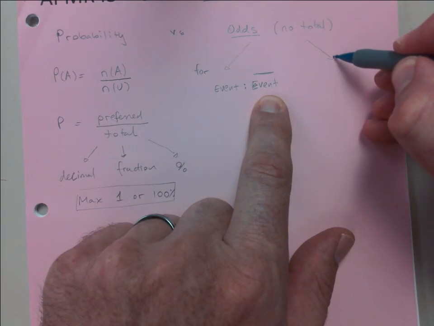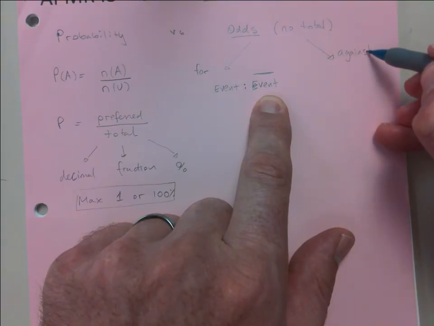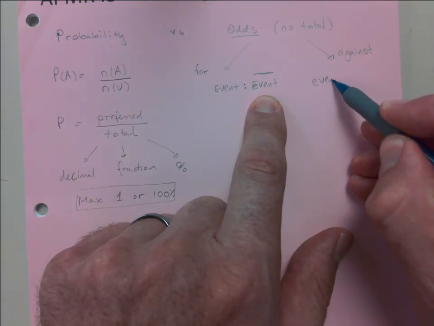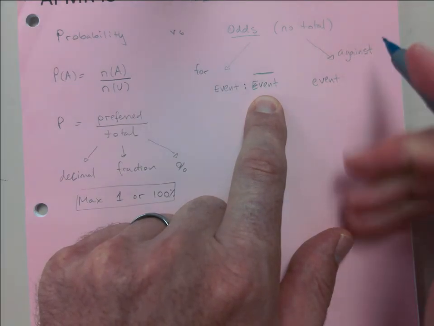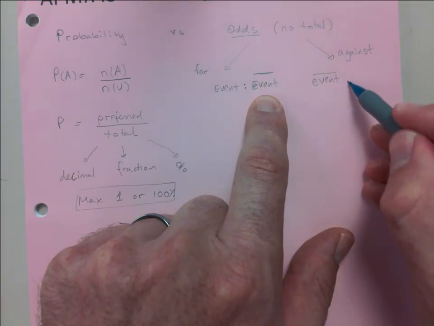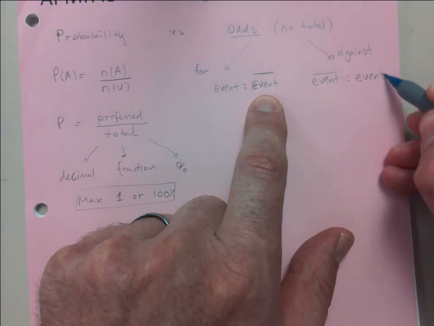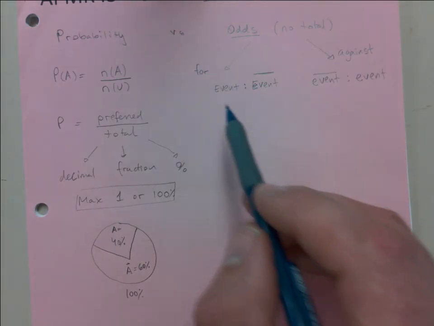The other way to state your odds would be against. When it's odds against, you want all the occasions where the event is not happening first, and then the number of instances where it happens next. So this is a little bit of an overview.